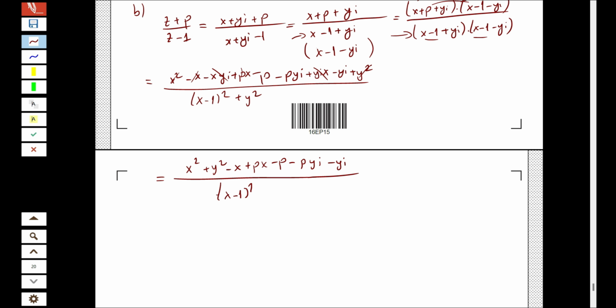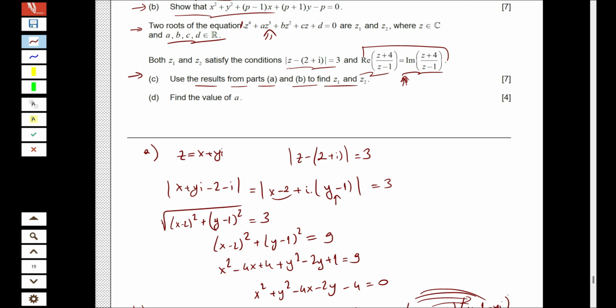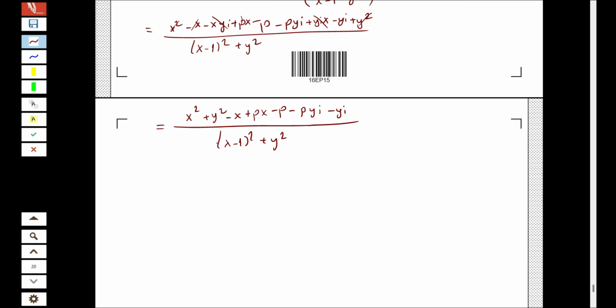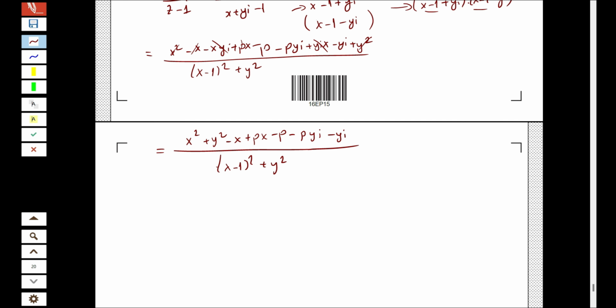Yeah. And what's given in the question is that the argument of this complex number is pi over 4, which means tangent of pi over 4. I know that it's 1, so I'm going to use this. And by the way, what's the real part of this complex number? To do that, I will just write the real part first.